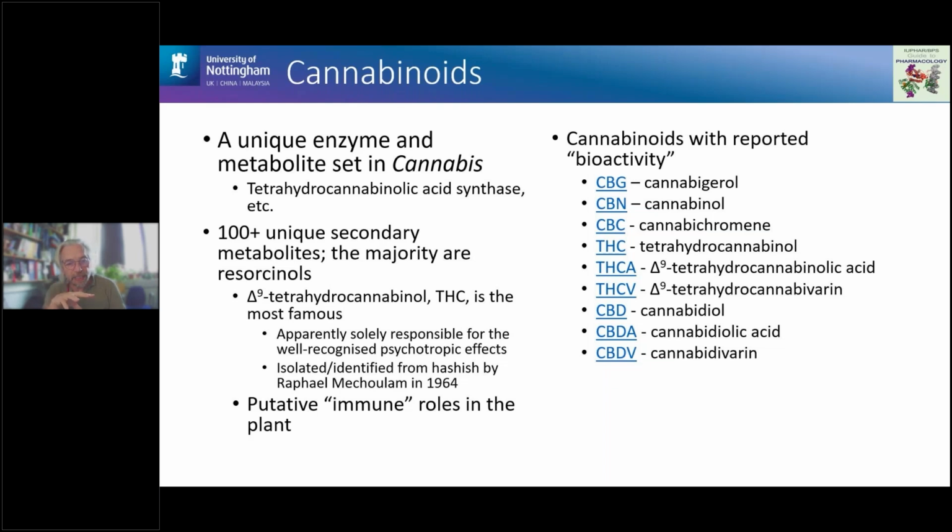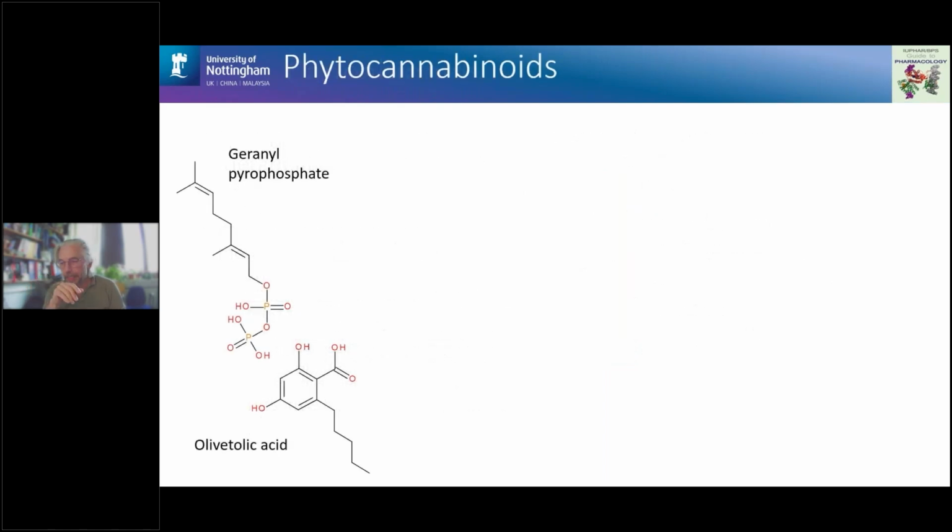But what we see in terms of the pharmacological effects are often quite diverse. So we've got a complexity in the plant which is really difficult to disentangle because of this focus on the mixture that there is. And the biosynthesis is really interesting in terms of what the plant is capable of doing.